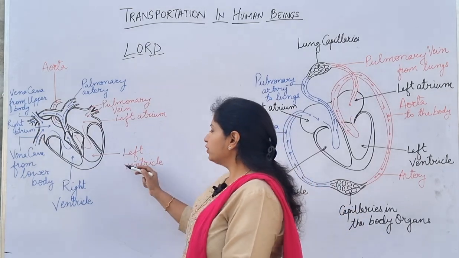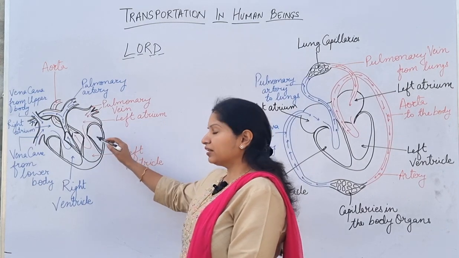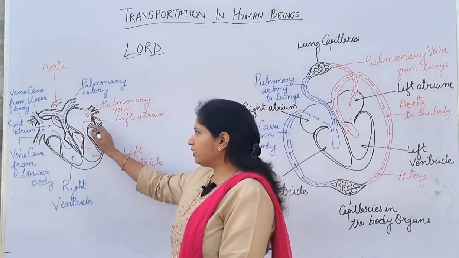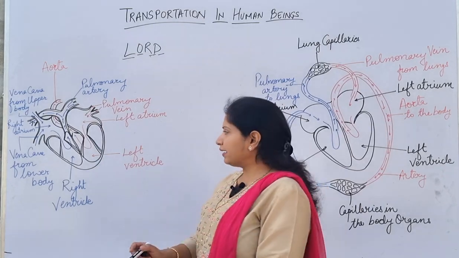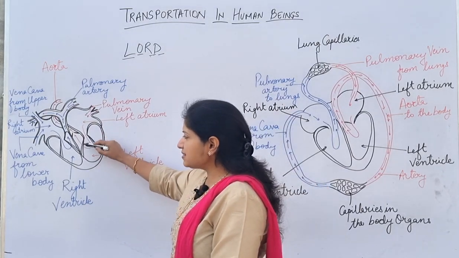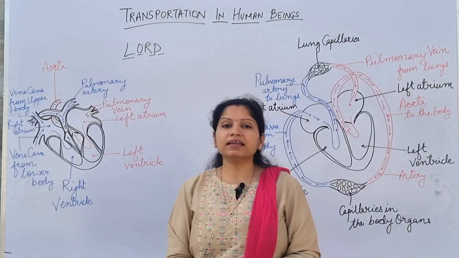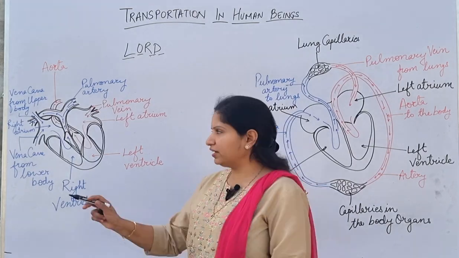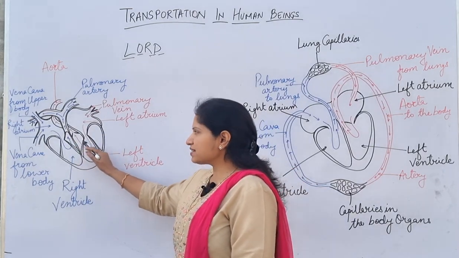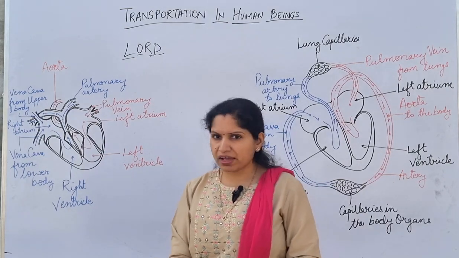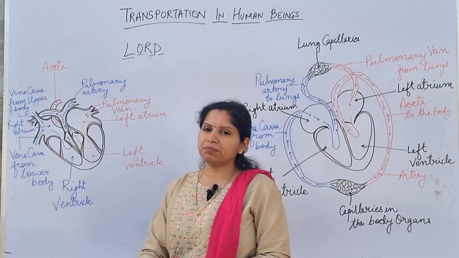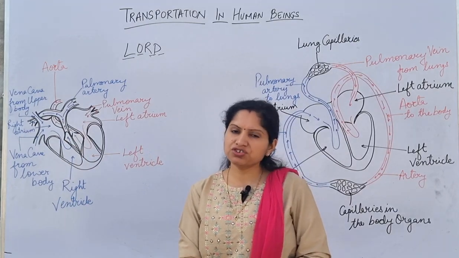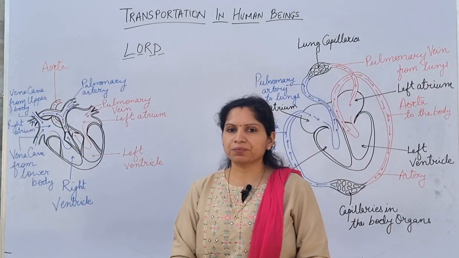When the left ventricle contracts, the valve between the left atrium and ventricle closes, and these lines you can see are the muscles that help in the closing and opening of the valves.